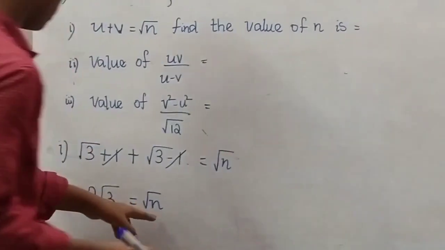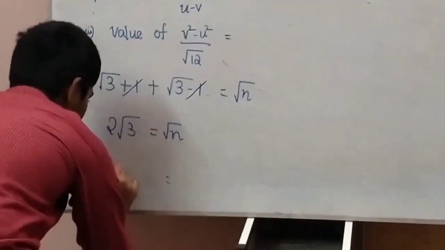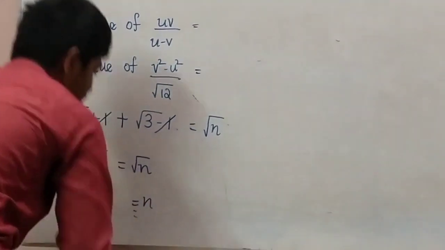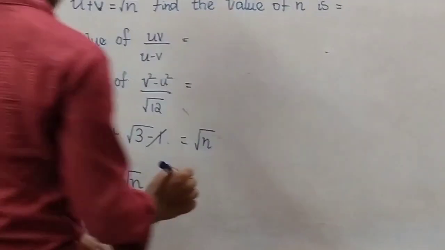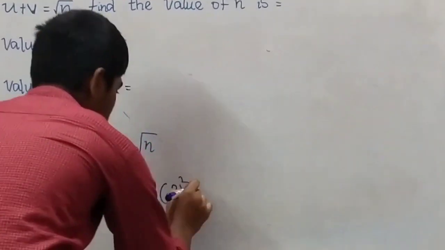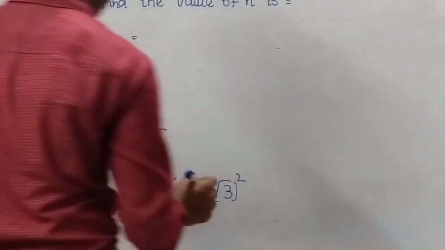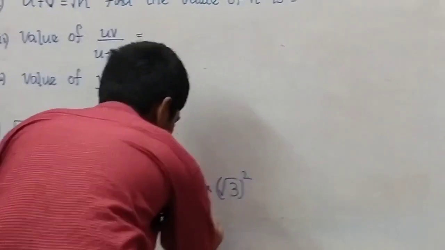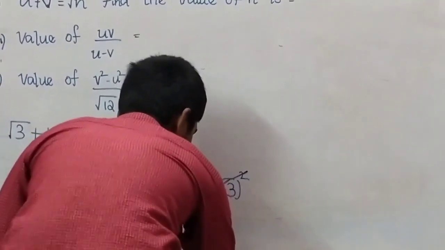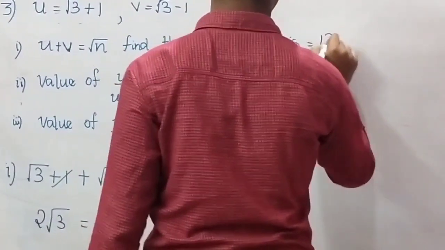The root goes to the other side and becomes a square, so (2 root 3) whole square is equal to n. That is 2 square into root 3 whole square, 2 square is 4, the square and root cancel, 4 into 3 is 12. The value of n is 12.